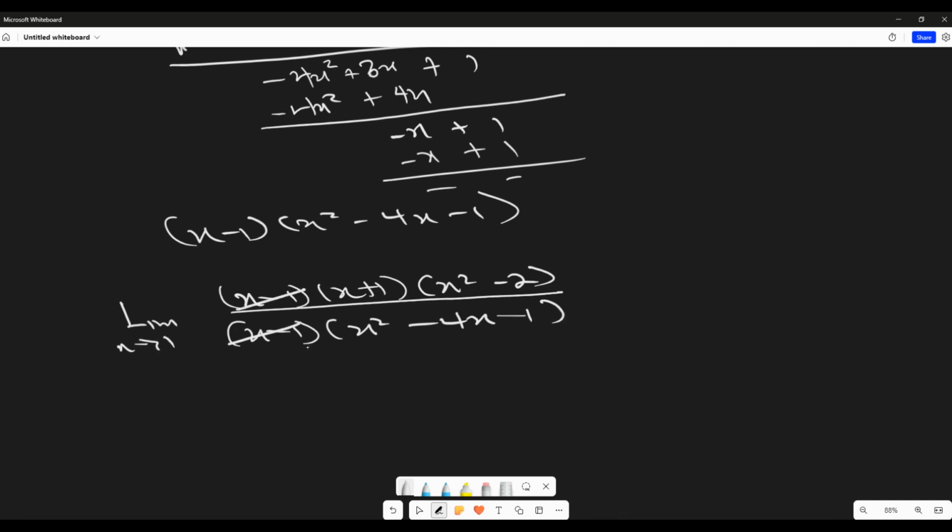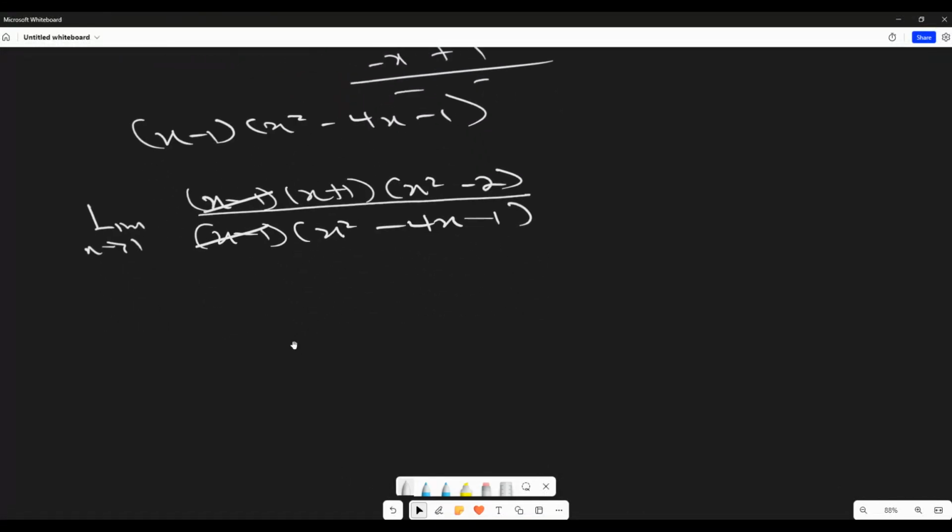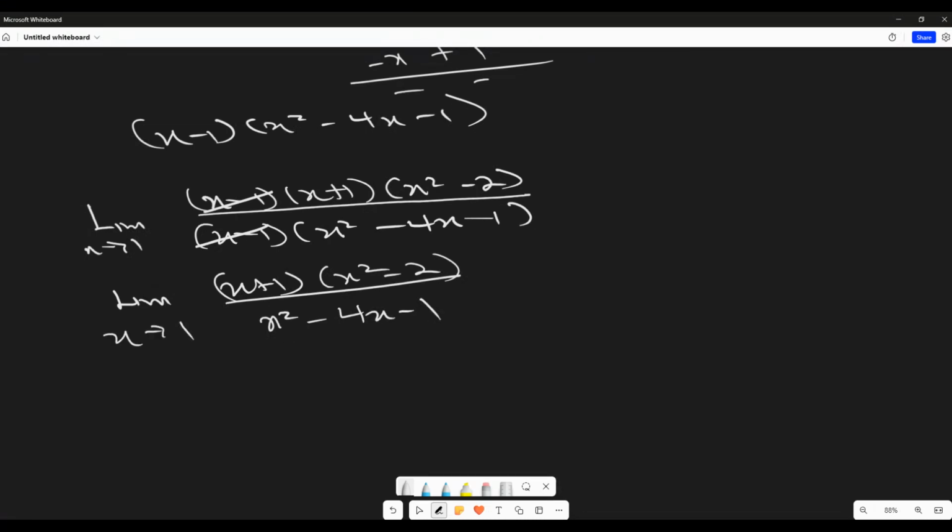So this will cancel out this. Then the remaining expression will be the limit of x plus 1, x squared minus 2 all over x squared minus 4x minus 1 as x approaches 1.